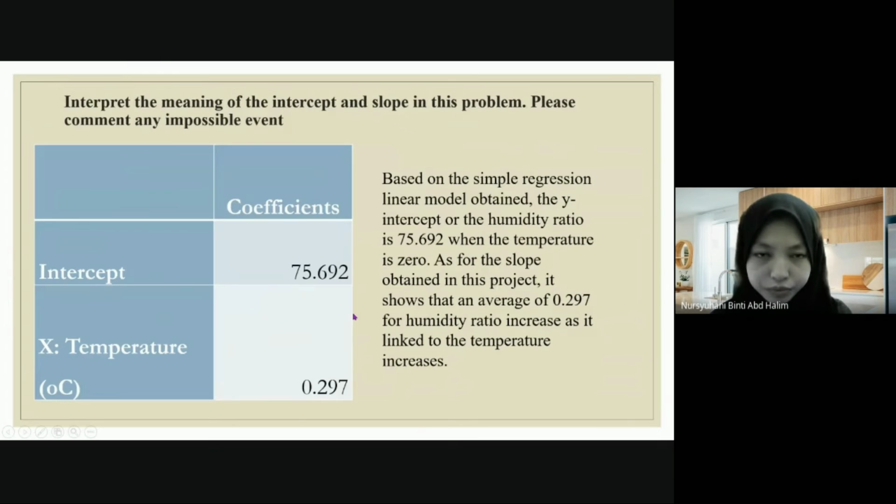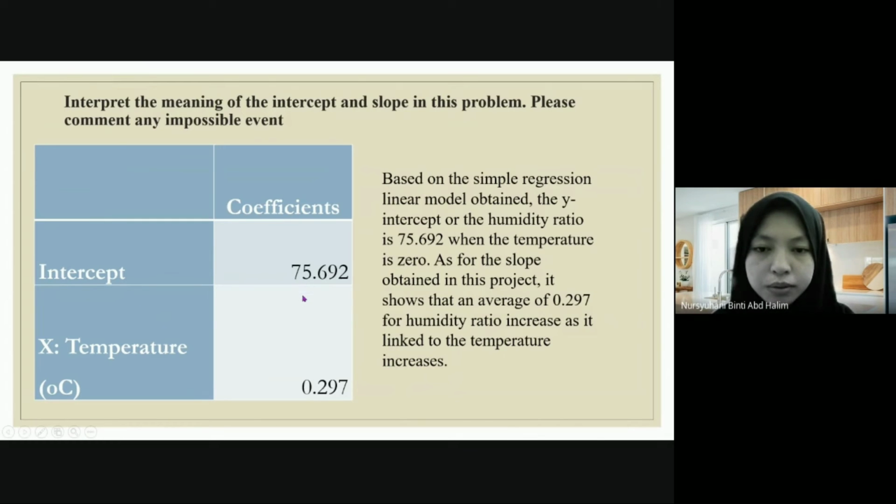For the next, interpret the meaning of the intercept and slope in this problem, and comment on any possible event. Based on the simple linear regression model obtained, the y-intercept of the humidity ratio is 75.692, which we can see in the table beside, when the temperature is zero.